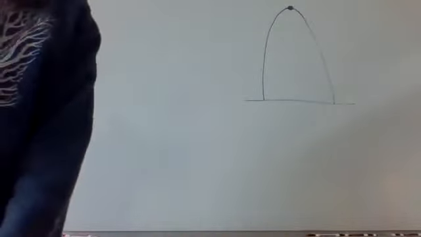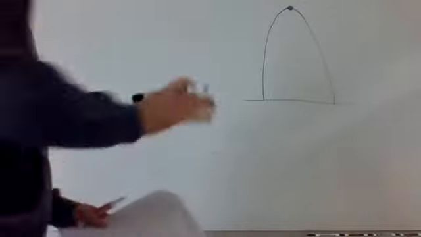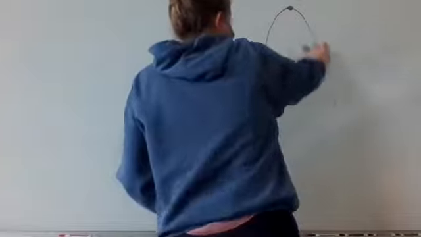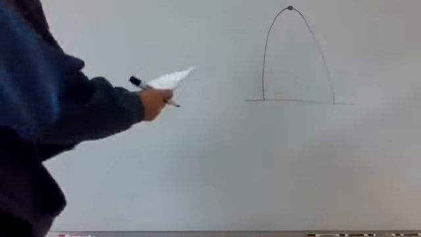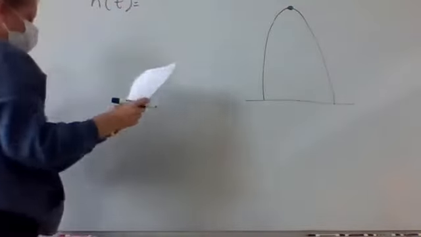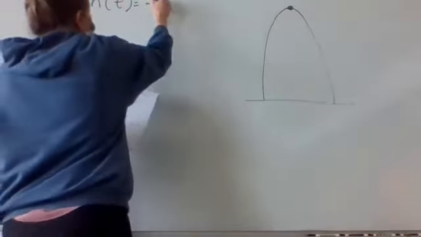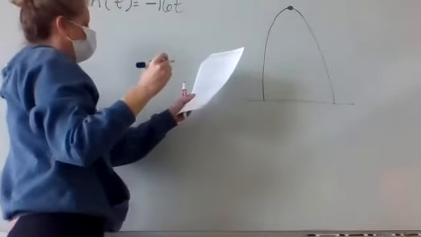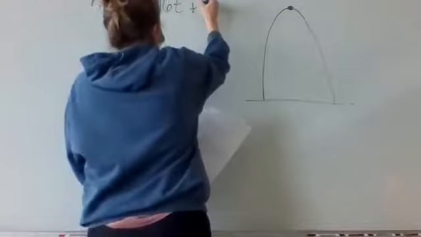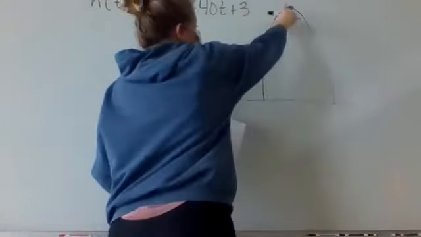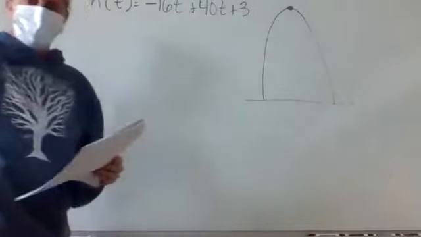So it gives us all these words, and then it says the function that we are going to use to describe this curve, what's happening with the toy rocket, is h of t equals negative 16t squared plus 40t plus 3. That is the function of that parabola shape.